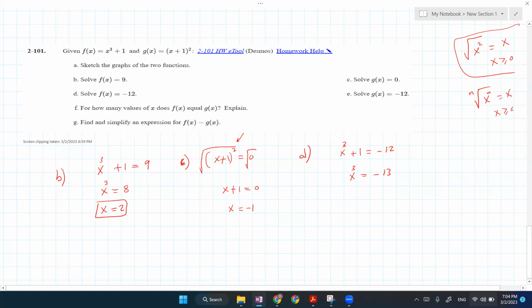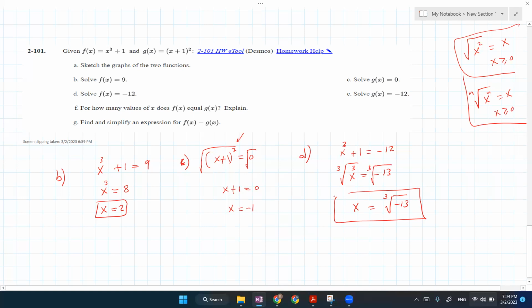Also here I'm talking about a non-negative x value. Which means when we have a cube, we apply the cube root to both sides. So the cube root will cancel the cube, and we end up with x, which is the cube root of -13, and that should be enough.